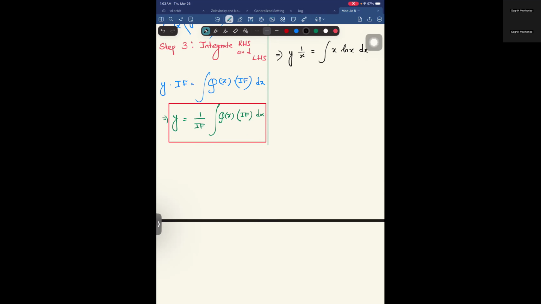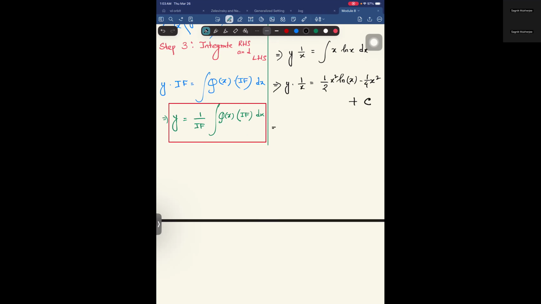So try to do it here. Evaluate the right hand side. So y times 1 over x. What is integration of x log x? You have to use by parts. I leave that to you as an exercise. But if you do that, you will get this is nothing but half x squared log x, so use by parts, minus 1/4 x squared plus an integrating constant, right?